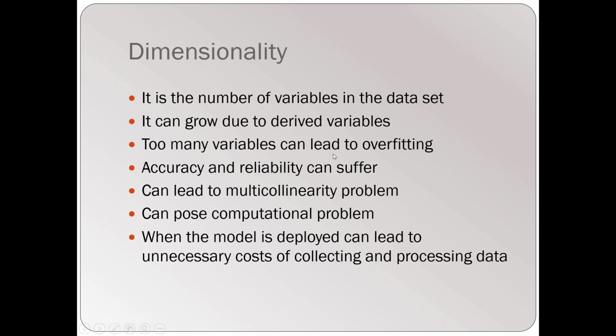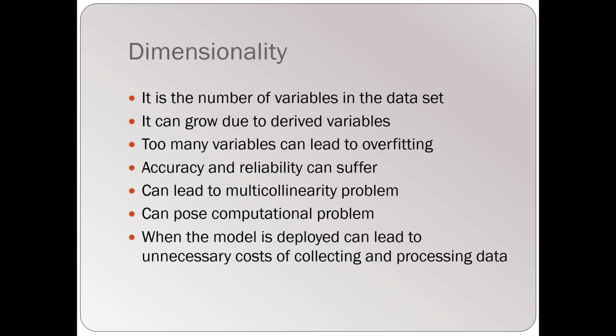What happens when you have too many variables in the data set? Too many variables often leads to overfitting. Overfitting was covered in the previous chapter. That is when you try to fit too close to the training data that is available to us, which means that you are actually fitting the random variation and not the underlying relationship.